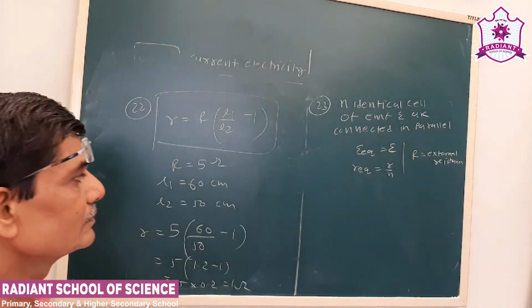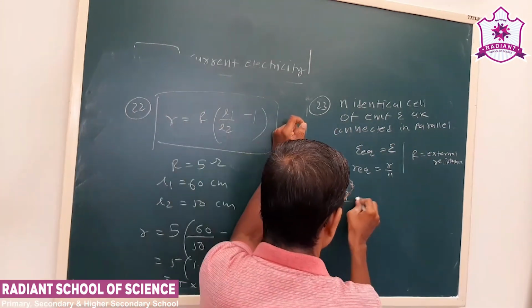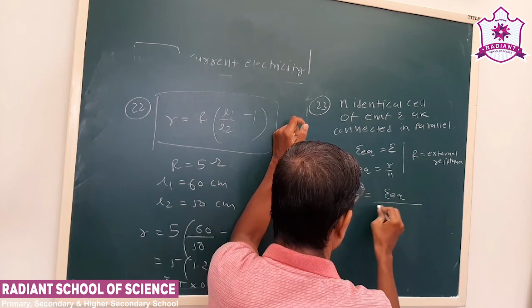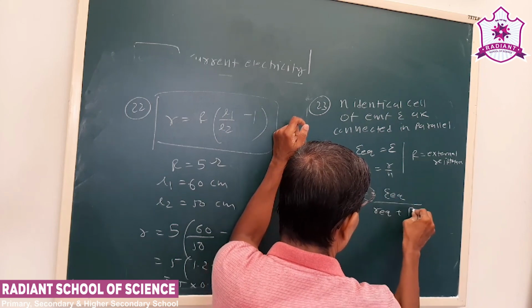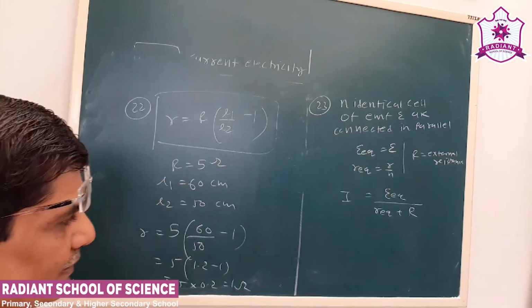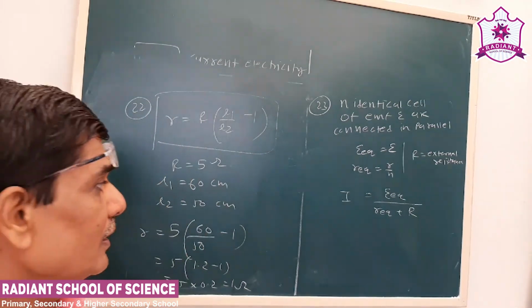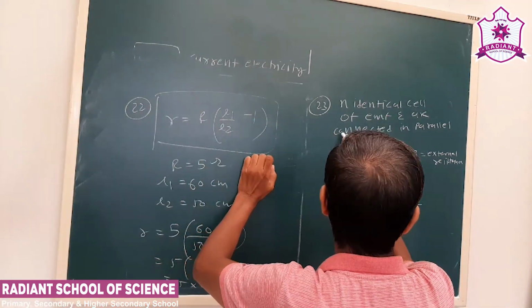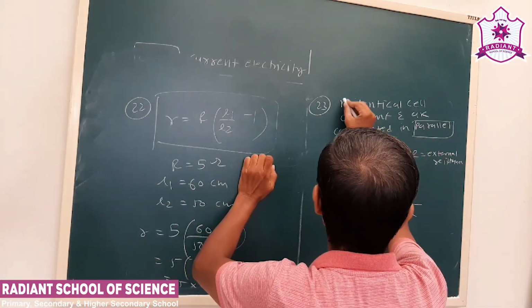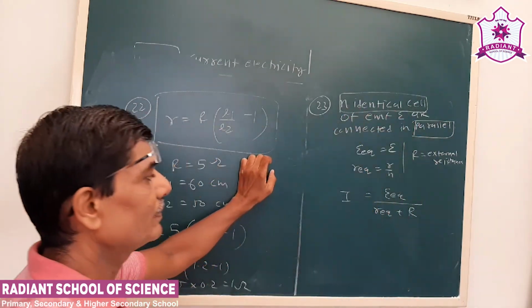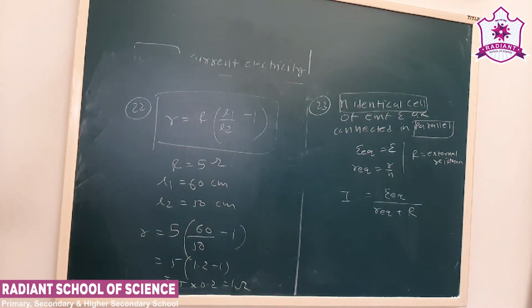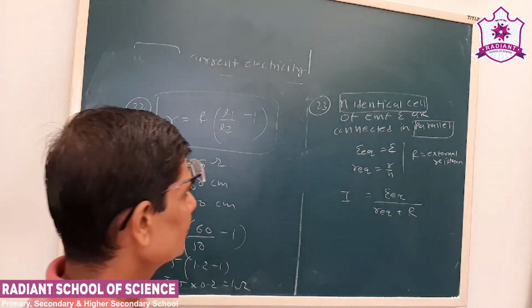What will be the current? So the current I is E equivalent upon the total resistance. Okay. Now this is the formula we saw in the theory part. But an important thing, when n identical cells are connected in parallel, okay, their equivalent EMF will be equal to E only. So now we substitute.